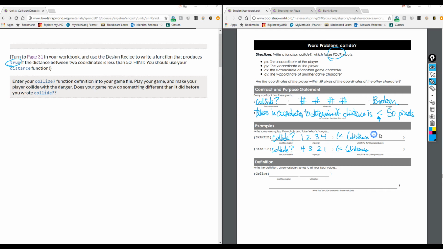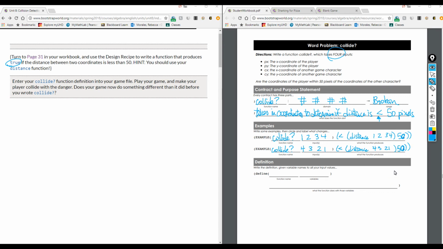It took in the coordinates 1, 2, 3, 4, and 4, 3, 2, 1. And I need that distance to be less than 50. That closes up the less than, and that closes up the example. Again I need it to be less than 50. Close up that less than and close up the example.